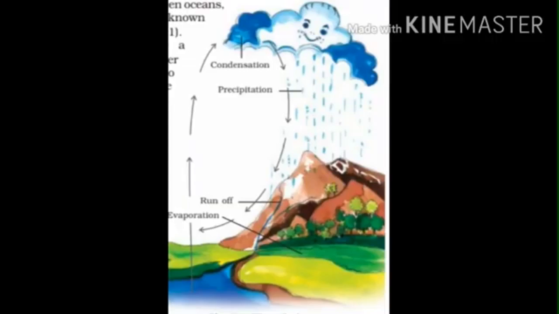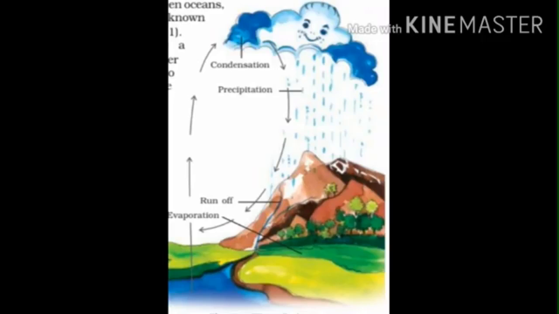The process by which water continuously changes its forms and circulates between oceans, atmosphere and land is known as water cycle. Clear children? Again I will repeat, the process by which the water continuously changes its forms and circulates between oceans, atmosphere and land is known as water cycle.